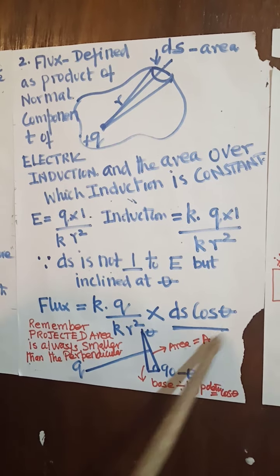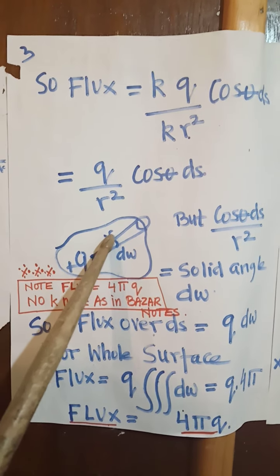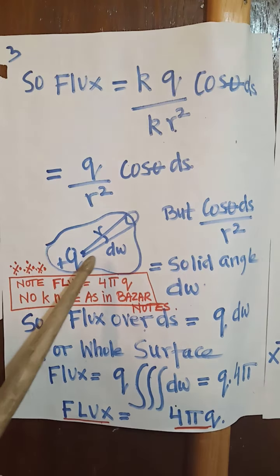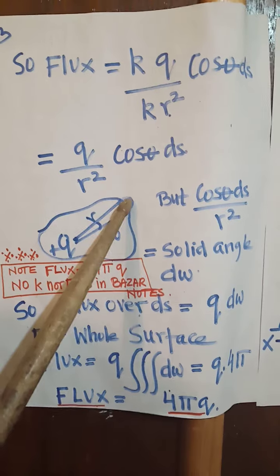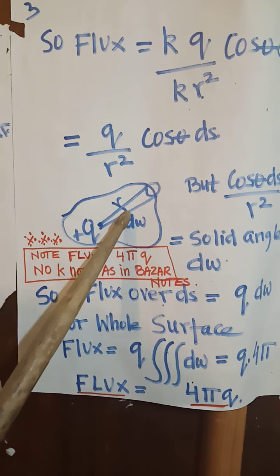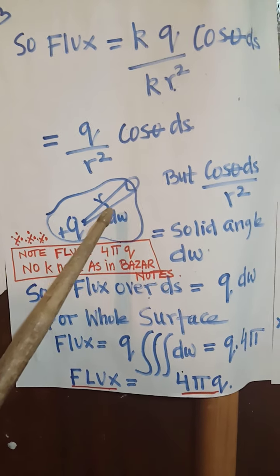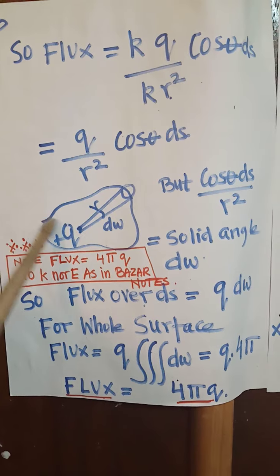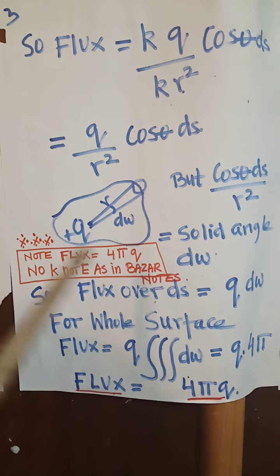Now, what is ds cos theta by R square? See, if you do solid geometry in smaller class, area by R square is the solid angle. And the complete solid angle of a cone is 4 pi. Remember that. So we'll come to that later on.